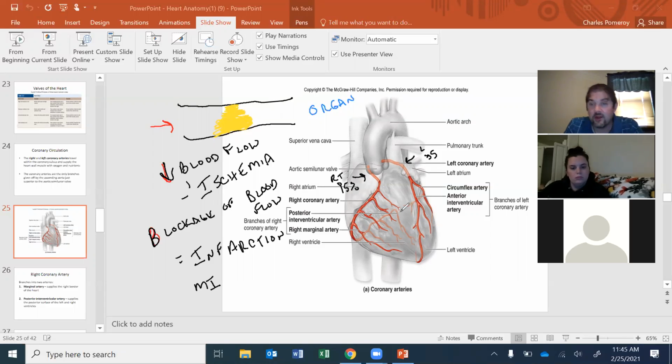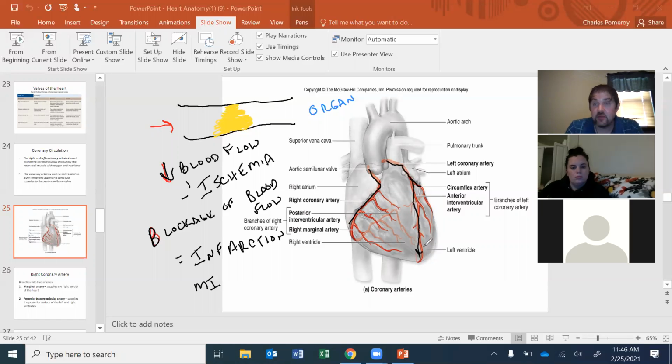Now, depending on where that blockage is, that also sort of determines the severity of the heart attack. So if you look at these blood vessels over here, notice that you have a couple large vessels. You have your right coronary artery, you have your left coronary artery, and then you have this large guy coming down the front. All right.